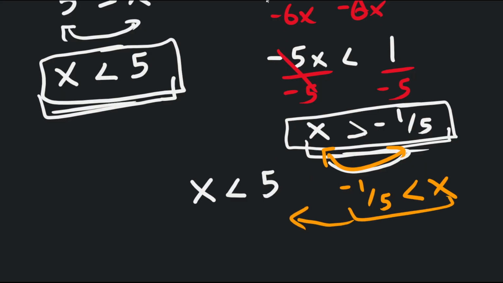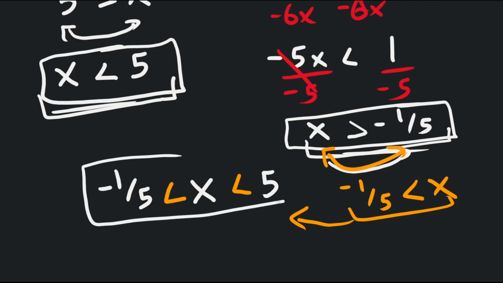We can put negative 1/5 is less than x. And there we go. Let's make that orange, and this one orange as well. So in the end, we have negative 1/5 is less than x, which is less than 5. And that is our compound solution.